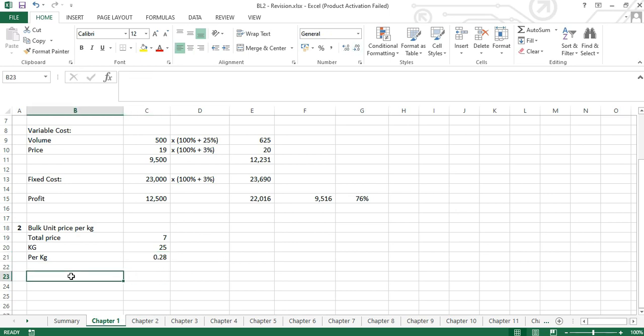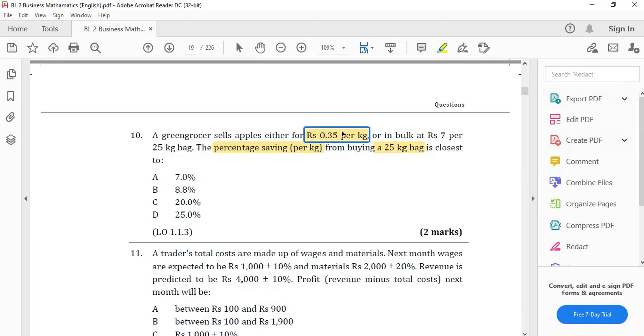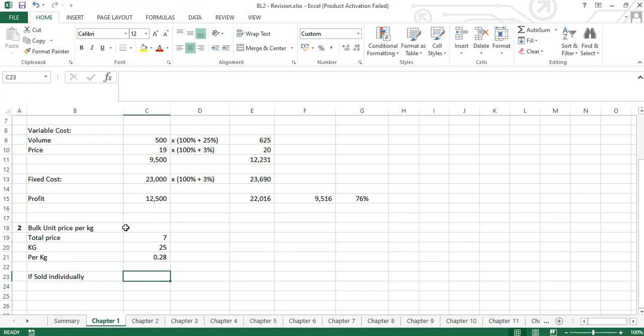Okay. Now previously if sold individually, we sell it at how much? 0.35 per kg. So this all must be in per kg. Then that is only when you can compare. You can't compare two different bases. Fine. So 0.35 is this.